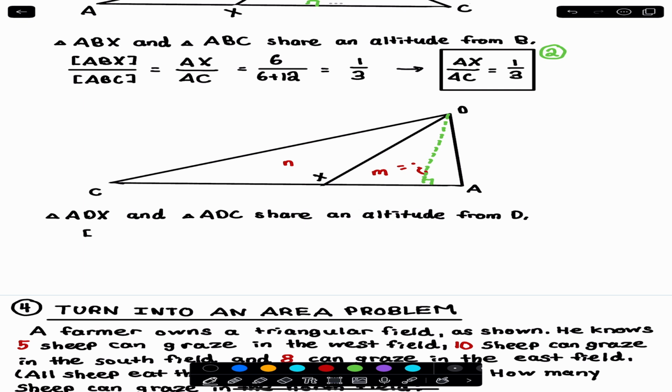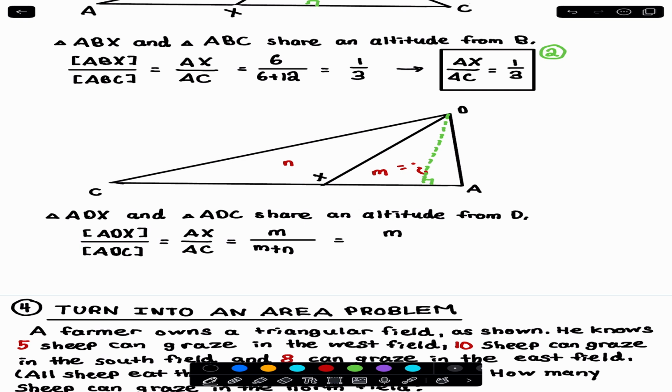This means that the ratio of these two areas, pretend that D isn't even there, AX over AC, the area of triangle ADX is equal to M, and the area of triangle ADC is equal to M plus N.